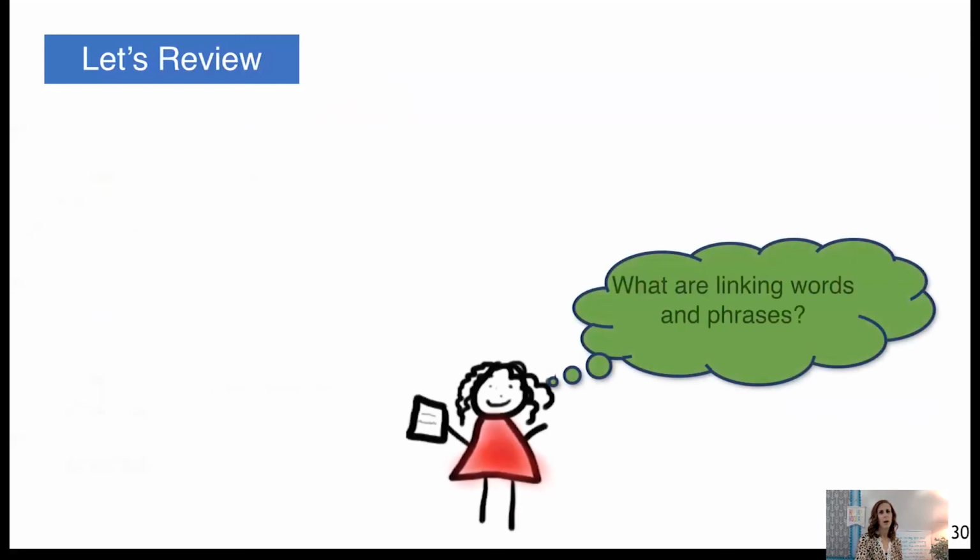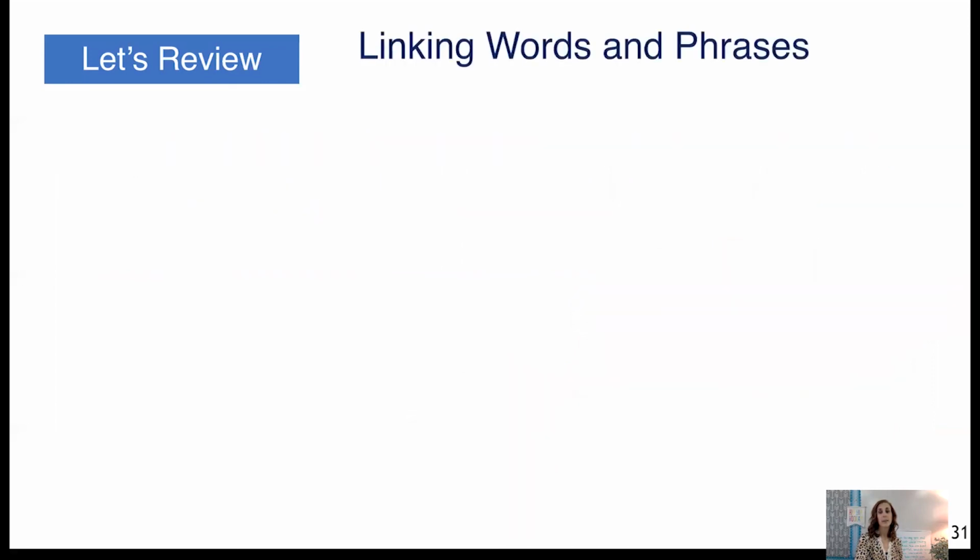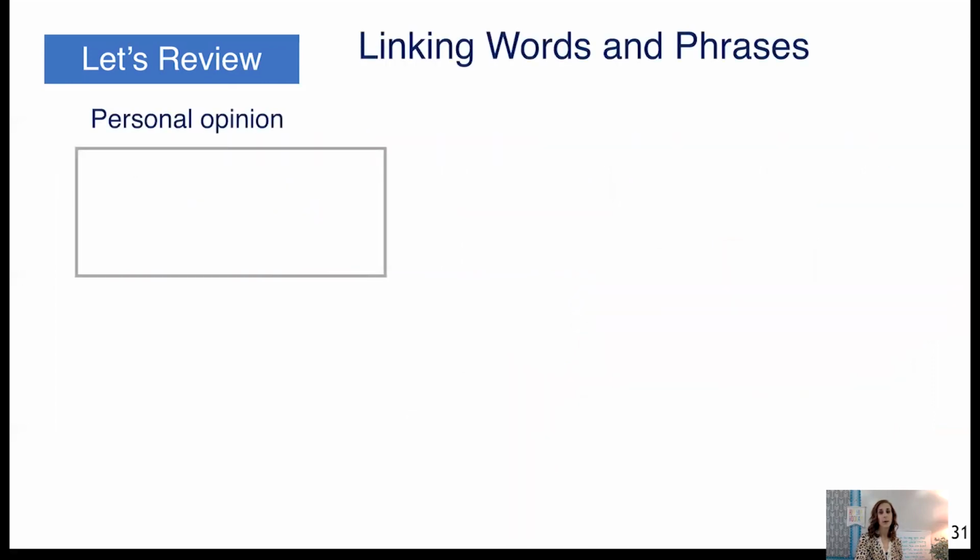Let's think, what are linking words and phrases? Linking words and phrases help you connect ideas and sentences so that people can follow your ideas. Here are some examples of some linking words and phrases. For a personal opinion, as in this example, you might say things like, in my opinion, finally, or I believe.